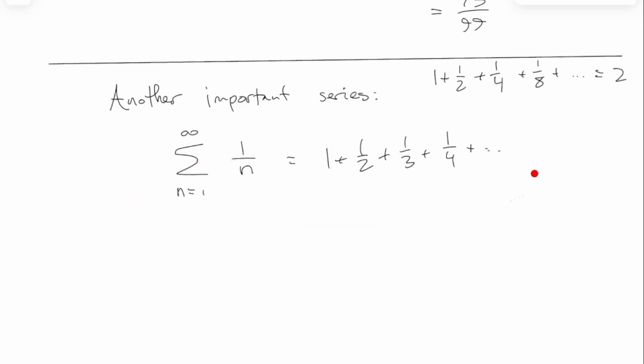I don't know if you've seen this before, but in my opinion, this is also very interesting. This series, if you only use powers of 2 on the bottom, adds up to 2. This one, if you use every number on the bottom, diverges. That is to say, this thing sort of adds up to infinity, if you like. When you add these numbers together, they do not converge onto a specific answer. They just keep on increasing forever.